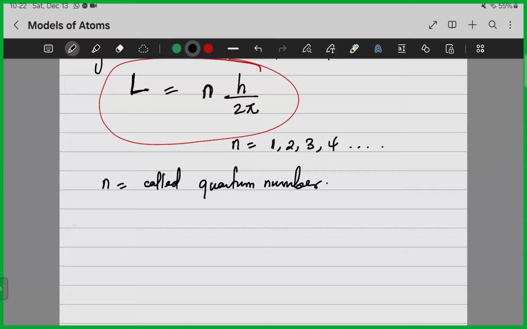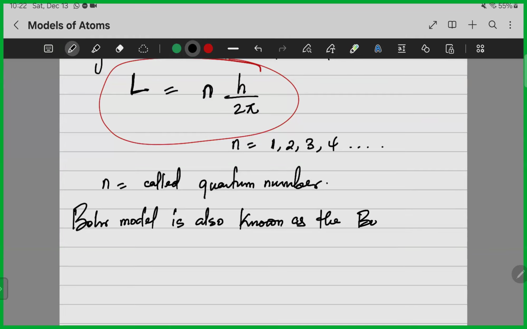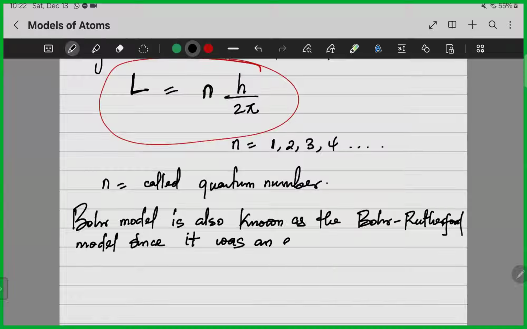So I go to the part that says Bohr model. It's also known as the Bohr-Rutherford model, since it was an extension.